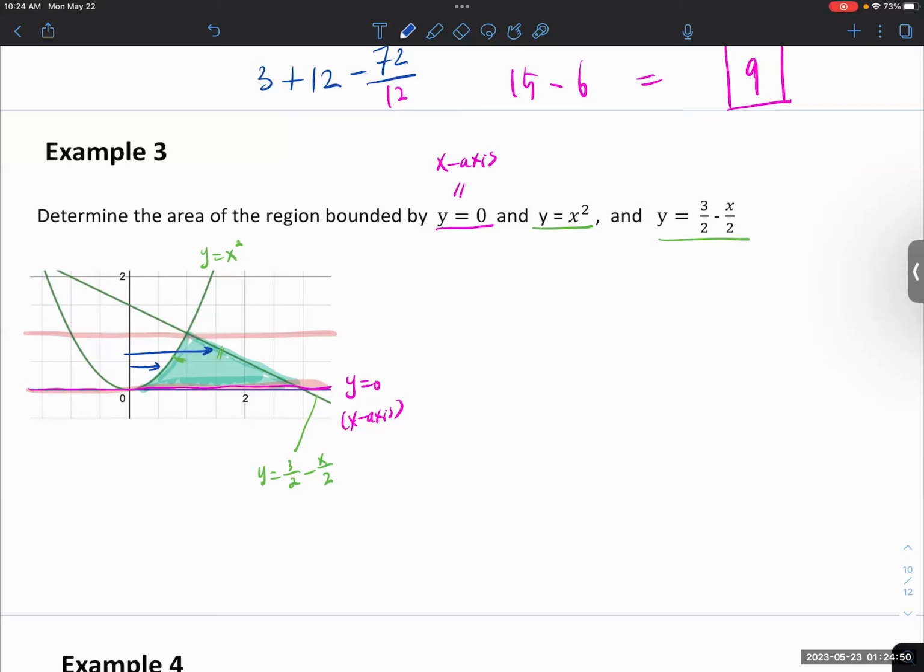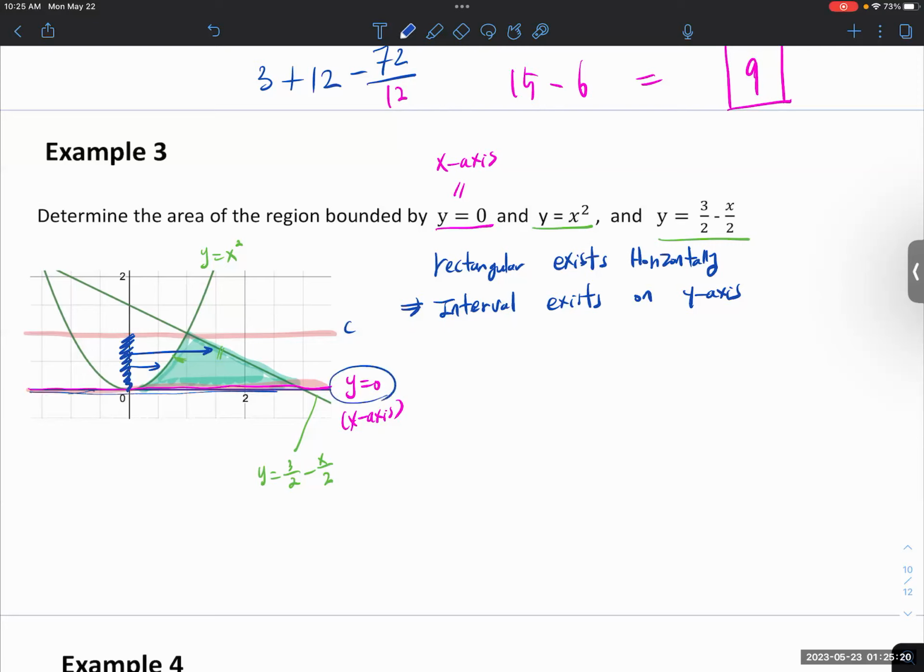So I'm going to do the same thing and write a rectangle that exists horizontally. That means the interval also exists on the y-axis. Your interval is going to be this. We need to find out what this is. We already know the bottom one is 0, so 0 to c.